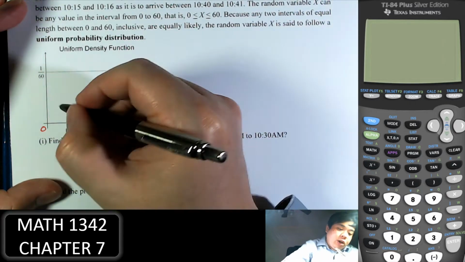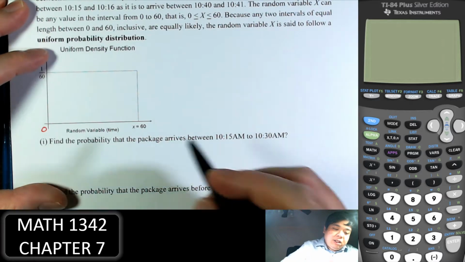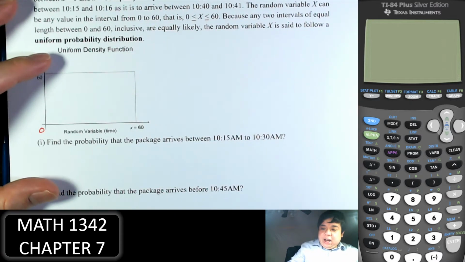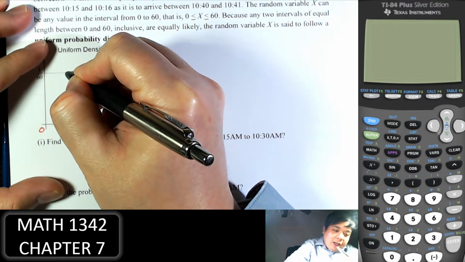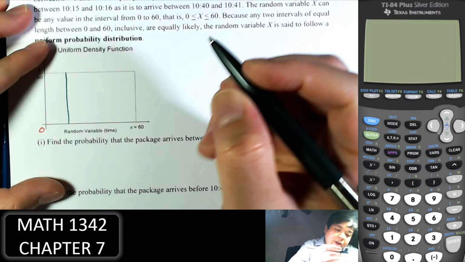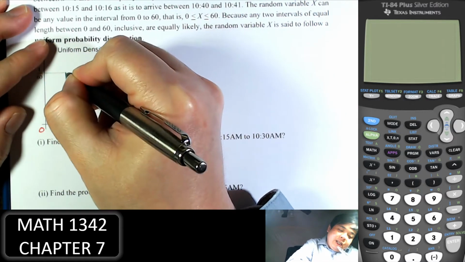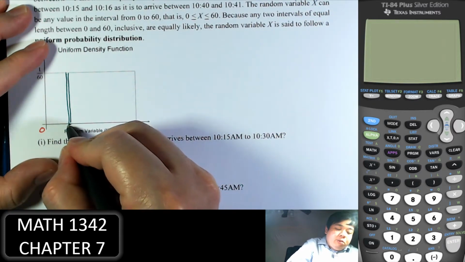So for example, if it arrives from 10:15 to 10:16, then we have the area for that particular interval. Let's say we have from 10:15, about here, to 10:16. Then we take the width of 1 minute, from 15 to 16.